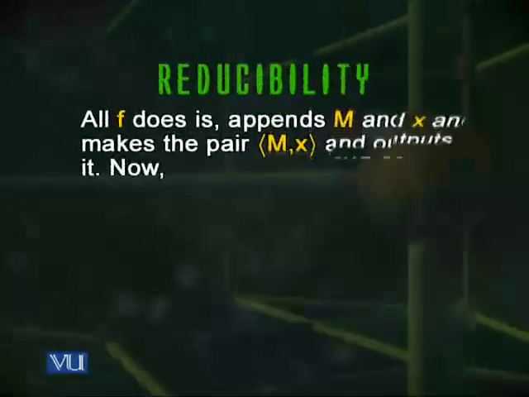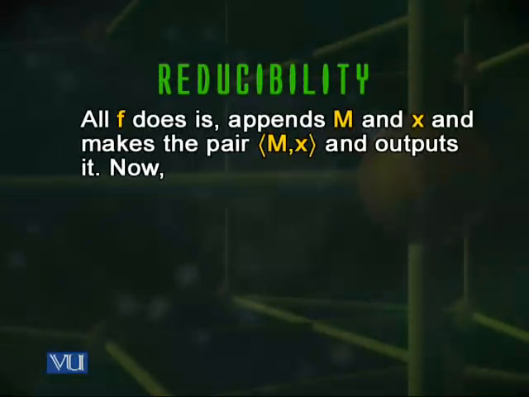So, this function f, when you give it the input x, has M hardwired into it, takes the description of M, appends x to it, makes the pair and outputs that. So this function is easily computable. In fact, all it has is a hard-coded description of M and just outputs that pair M comma x.